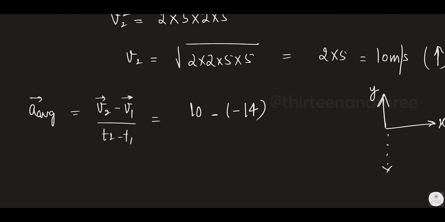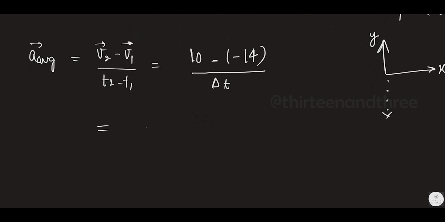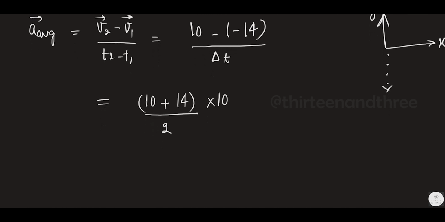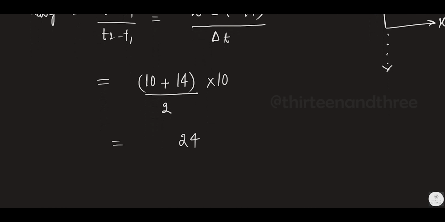Time delta t is given as 0.2 seconds. So 10 plus 14, that is 24, divided by 0.2, and if we solve this, we get 120 meter per second square. So this is my average acceleration.